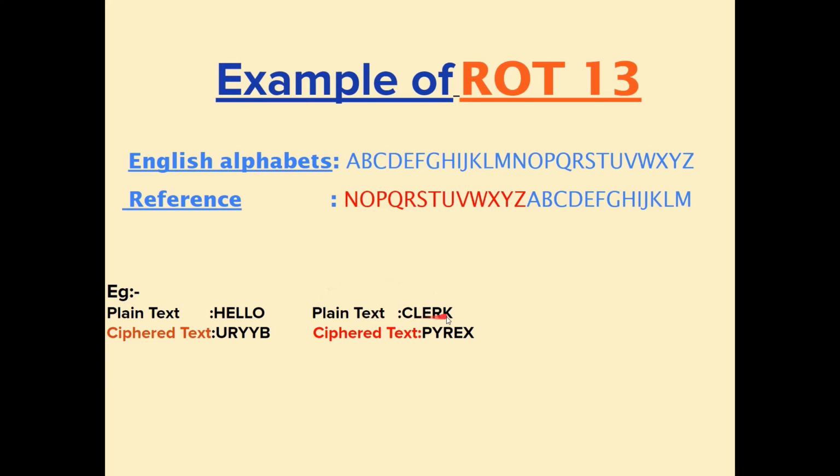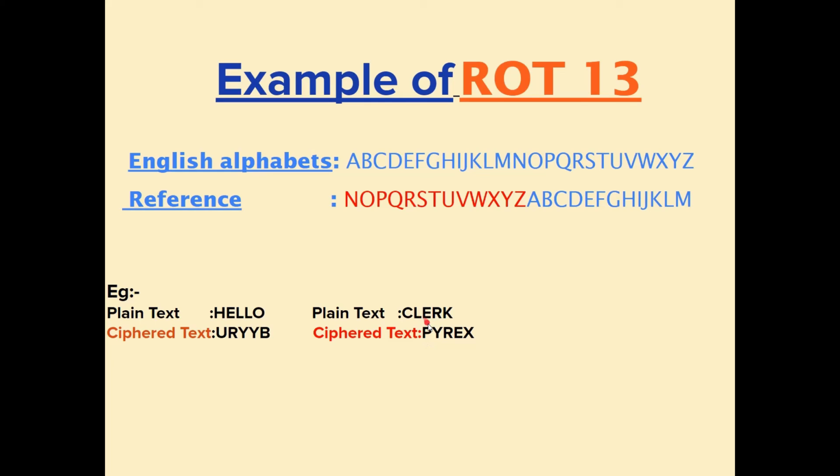Now let us take up another example. The plain text is clerk. Now when we look up C in our lookup table, it gives us P. So C gets replaced by P in the cipher message.